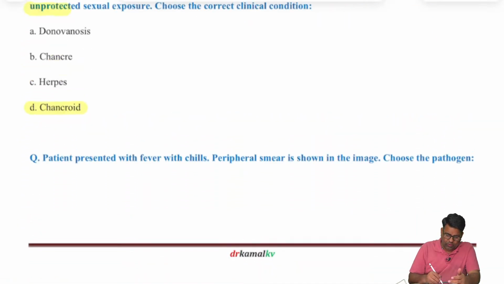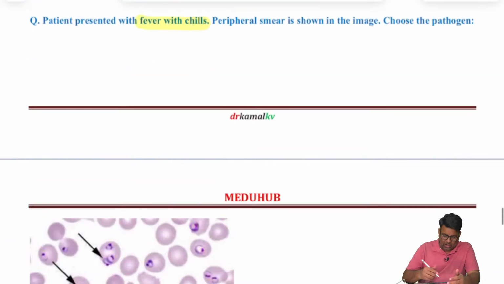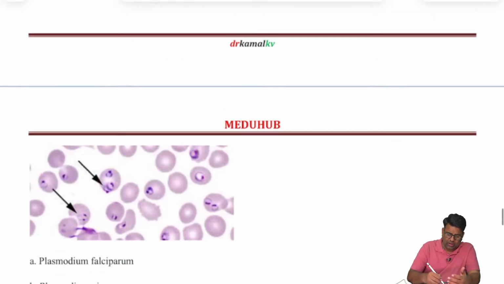Now it was a case with fever with chills, and then the peripheral smear was shown. And the moment you look at the peripheral smear, I think all of you can answer this question. So this is a classical case of falciparum malaria, right? And what you can see here, if you look at the image properly, you can see something like this.